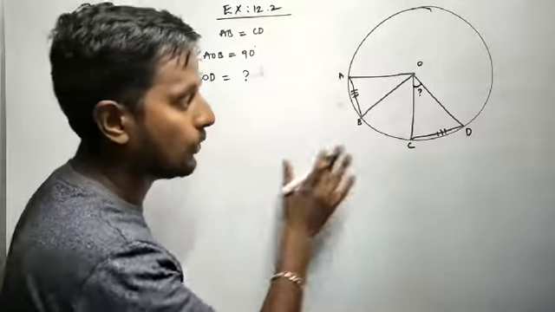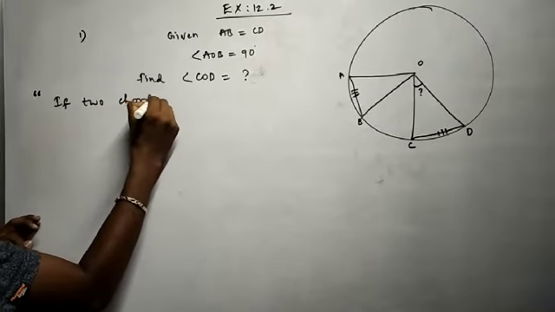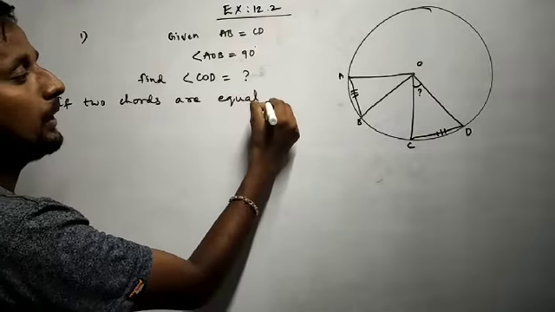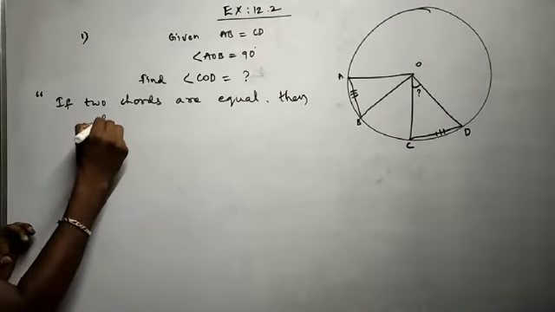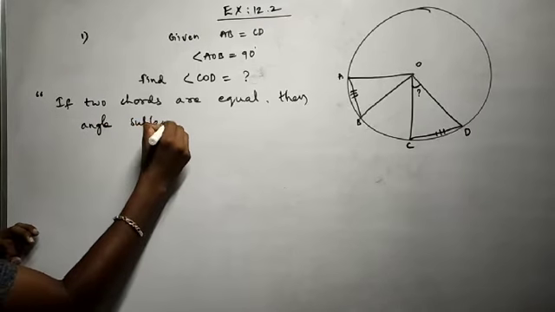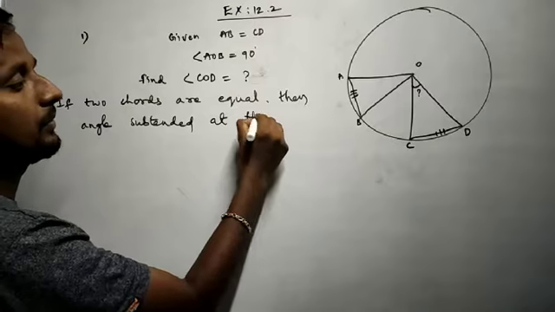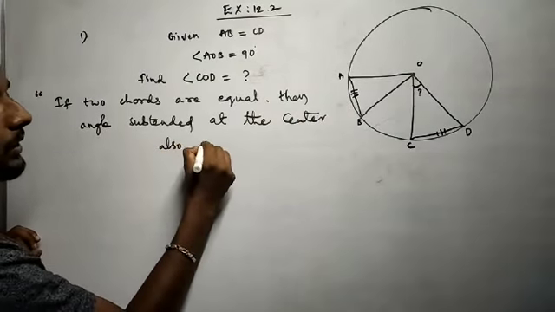Just before, I said if two chords are equal, then the angles subtended at the center are also equal.